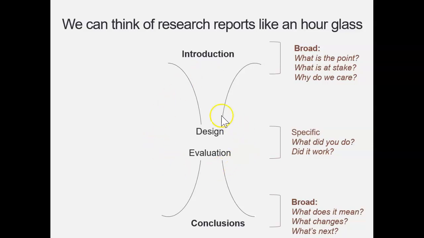Whereas when you move into these middle sections, you will see a lot of past tense because you're describing what it is that you did and learned from this specific experiment. So we see present tense in the introduction and conclusion, and more past tense in the design and evaluation section.